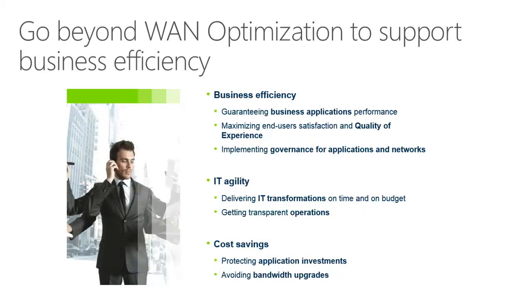You need to be able to guarantee business application performance, guarantee that end users get consistent performance, and of course, do so in a way that can be reported upon accountably so that you can prove that the network and the IT infrastructure is delivering the value that the business needs to see.